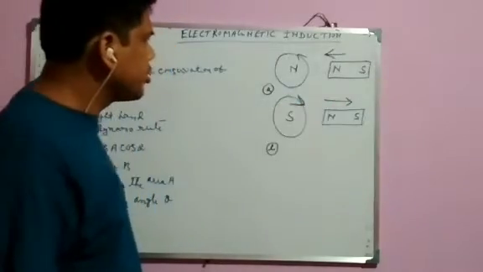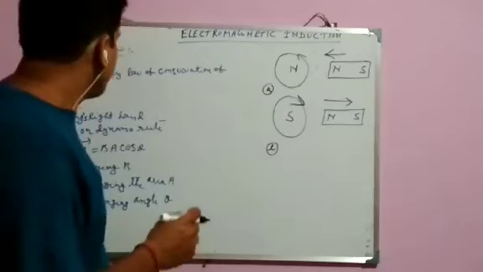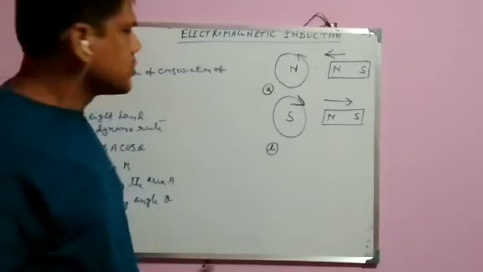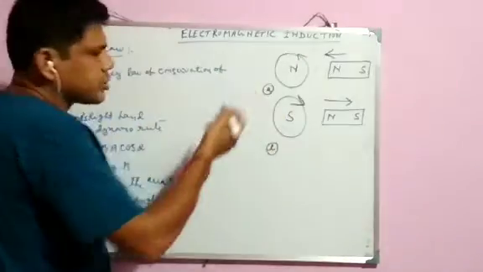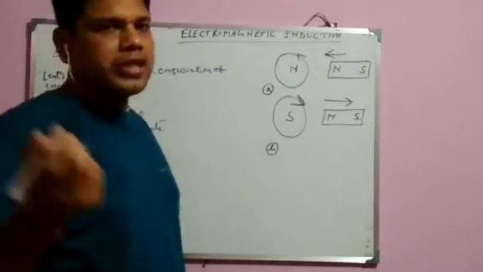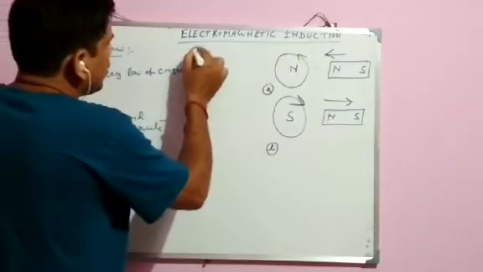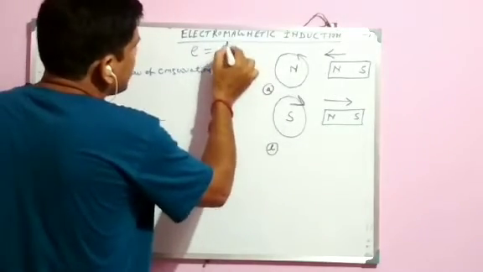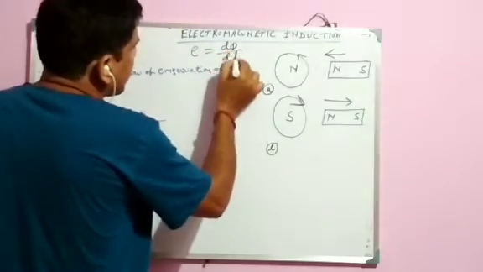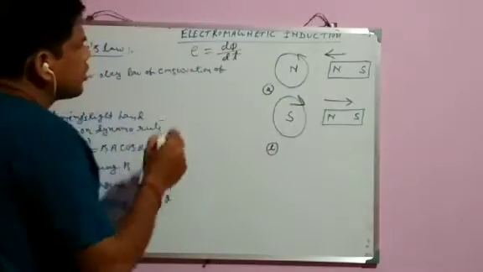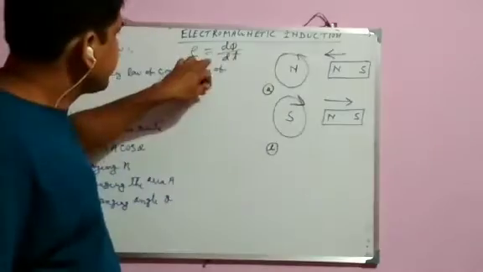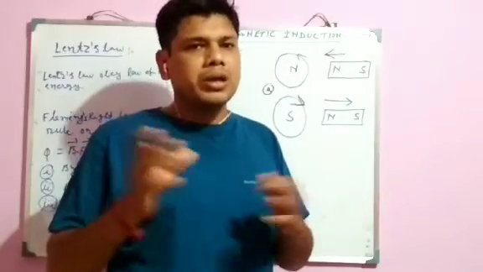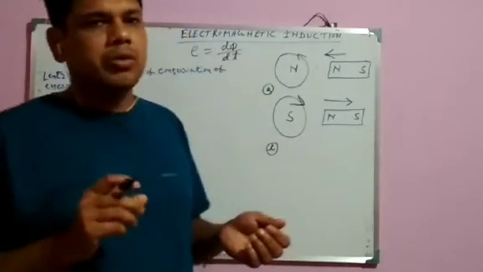Okay, now combining Faraday's law and Lenz's law: from Faraday's law we know the magnitude of the induced EMF is d phi by dt. If we use Faraday's law alone, we only find the magnitude of the induced EMF, but it does not give the direction of the induced EMF.